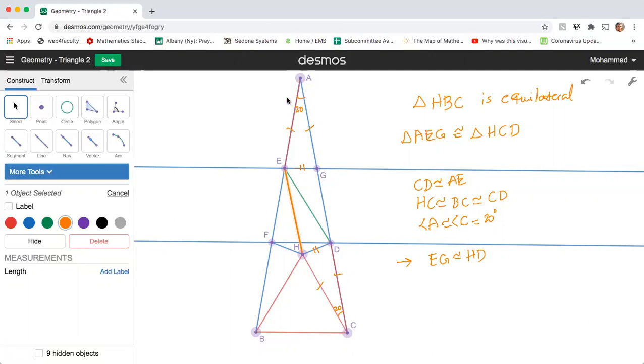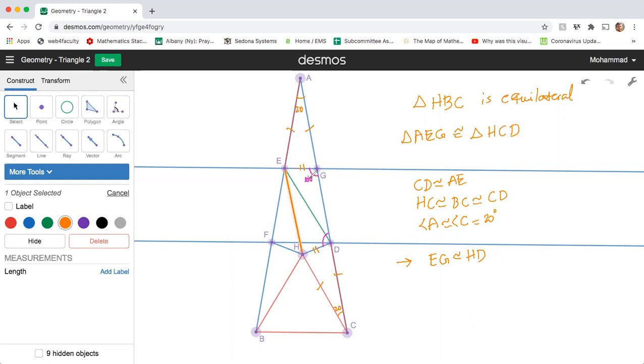Now, moreover, we notice that this angle here is congruent to this angle here. So we're going to focus on the quadrilateral EGDH. In this quadrilateral, we see that angle G is congruent to angle D. So to see that, well, first notice that this was 80, so this would be 100 degrees.